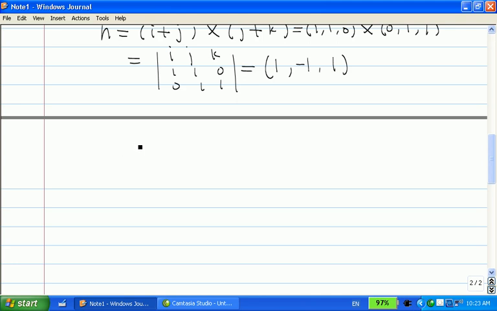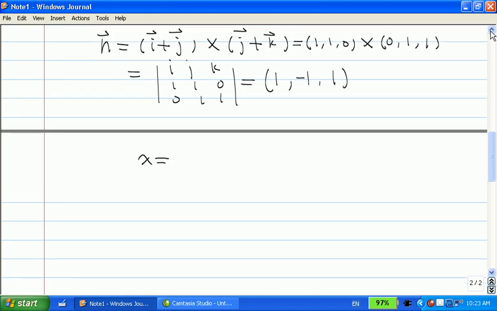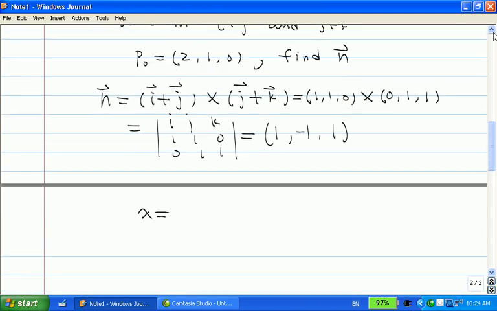So your equation of the line will be x equal to x naught, which is 2, plus, this is your a, b, and c, 1 times t, so it's t. y is y naught, which is 1, minus t. z equals 0 plus 1 times t, so it's t.